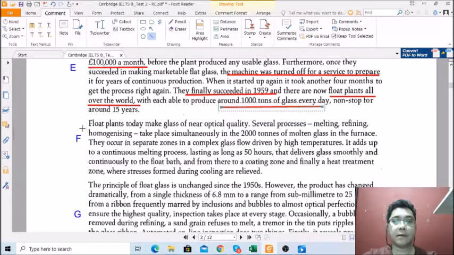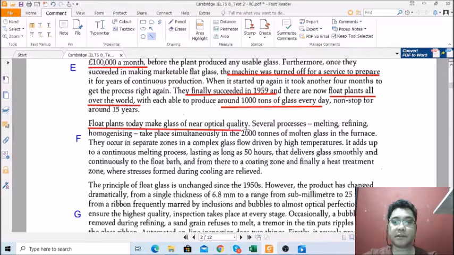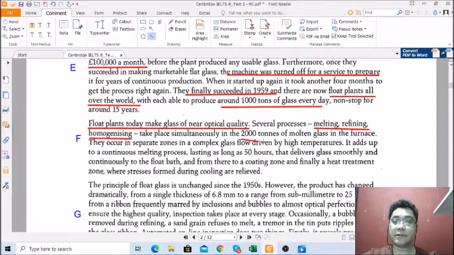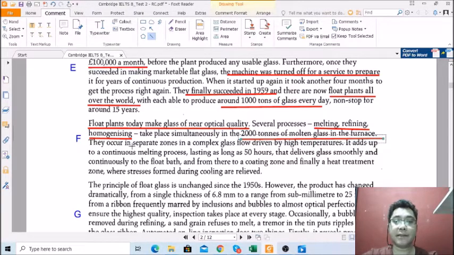Okay. Well, that's very interesting because it is a manufacturing process actually. So float plants today make a glass of near optical quality. So we see melting, refining, homogenizing take place simultaneously in 2,000 tons of molten glass in the furnace. And it says that it occurred in separate zones in a complex glass flow driven by high temperatures.